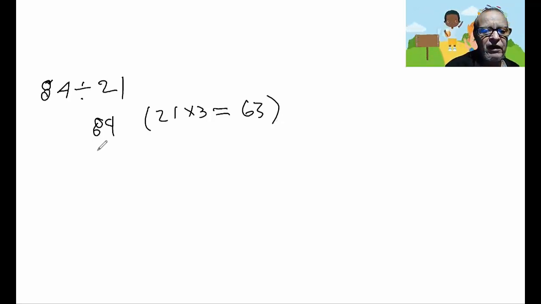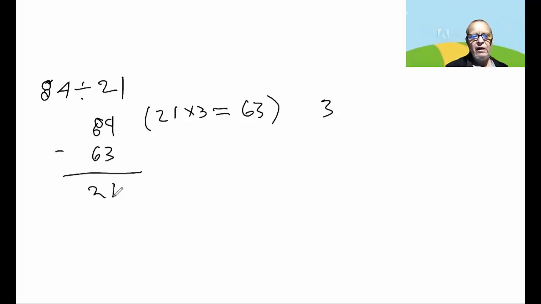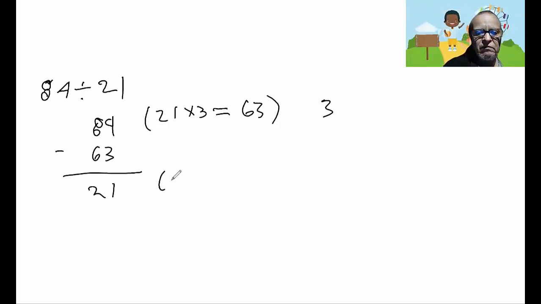So I'm going to bring that down, 63. And I'm going to put the 3 on the side here. And I'll do some subtraction. So when I subtract, I get 21. Now I see that 21 times 1 is going to be equal to 21.